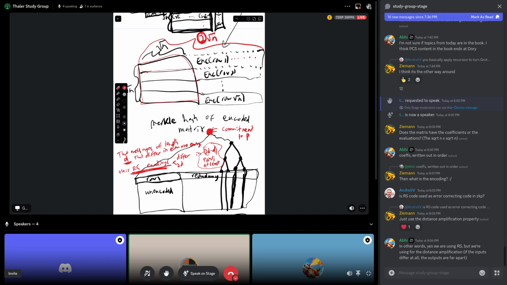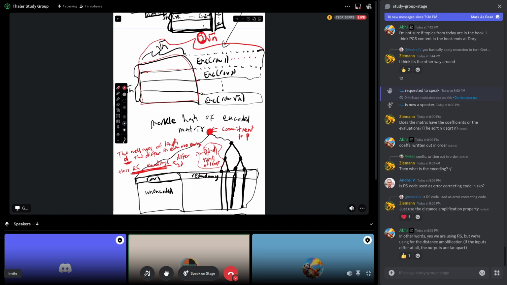Oh, I guess I got it. So in other protocols, when we do Fiat-Shamir, we bring this randomness via hashes and then apply this Schwarz-Zippel check.